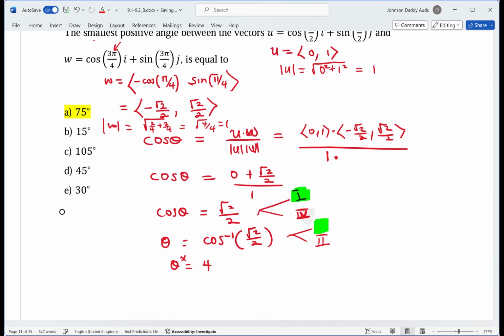You can call theta star 45 degrees. But since we are in the first quadrant, it means that theta is also going to be theta star, which is 45 degrees. So the answer is not this one. The answer is 45 degrees. So this is not.